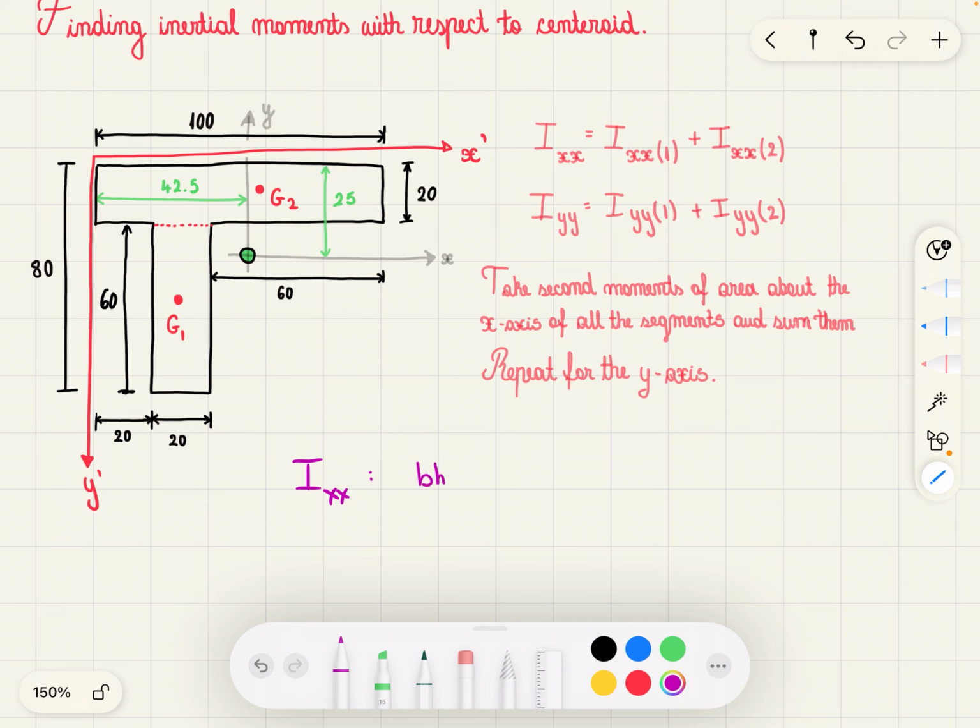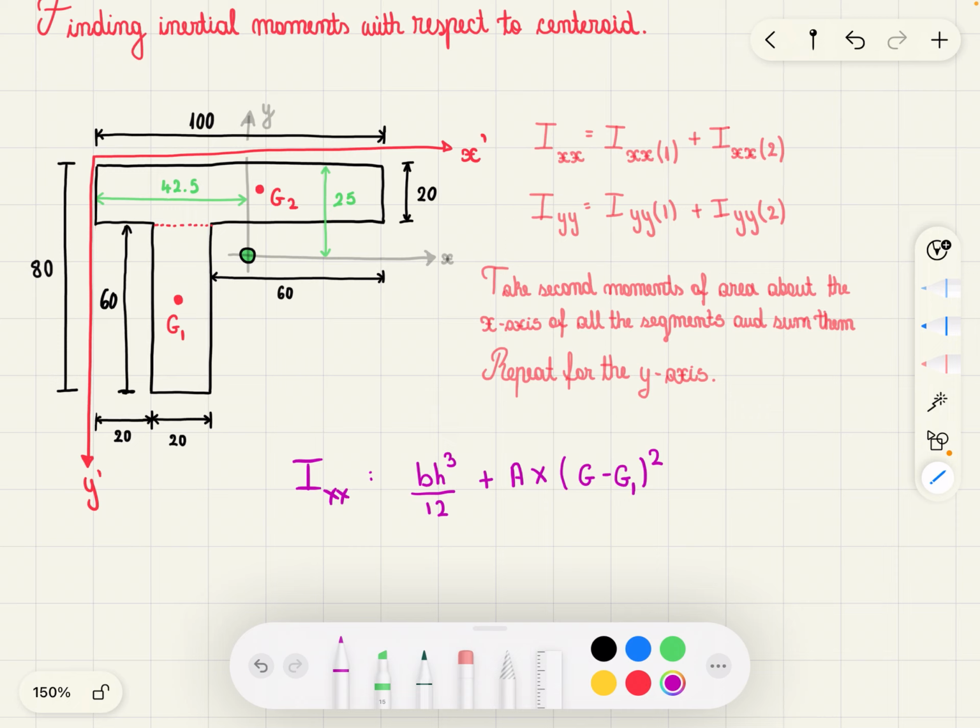So base times height cubed over 12 plus the area of the segment multiplied by the distance between G and G1 in this case, or G2, whichever G we're using, squared.